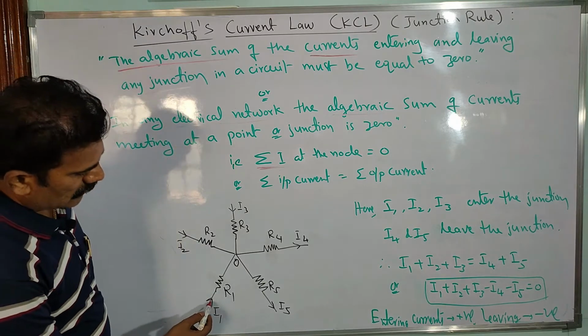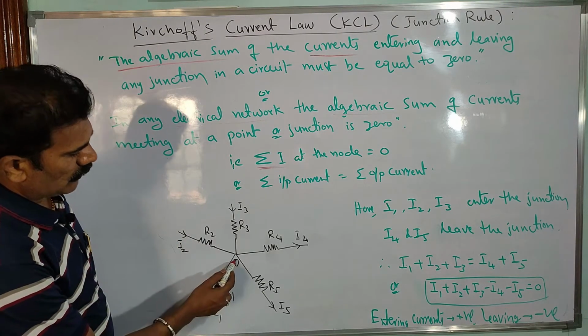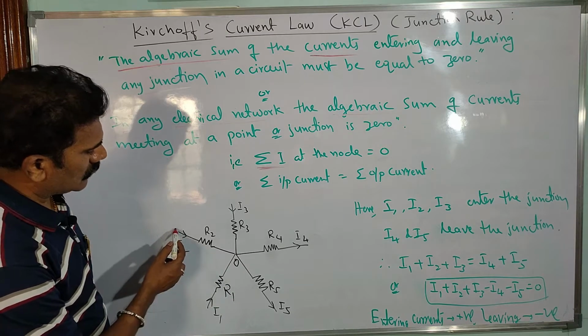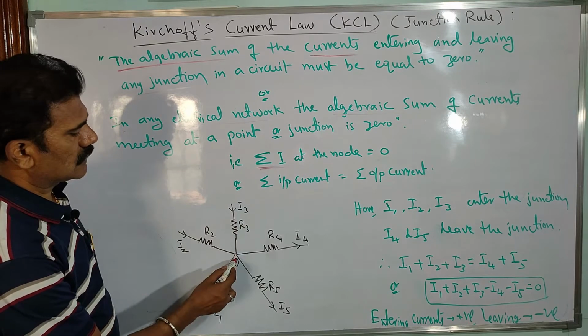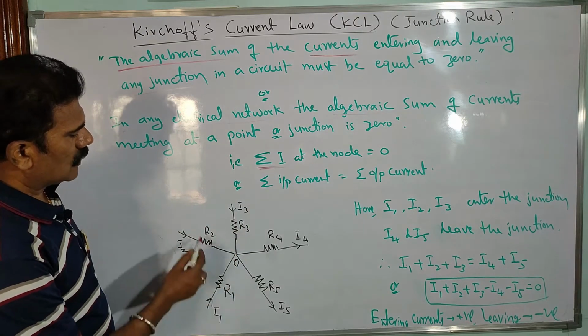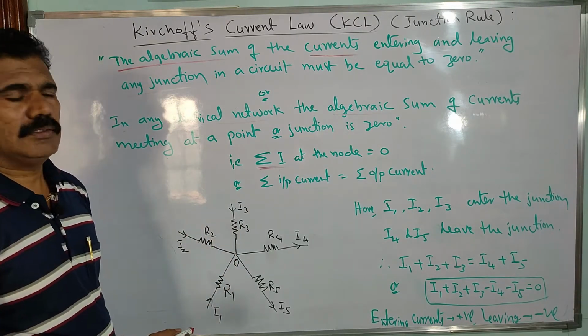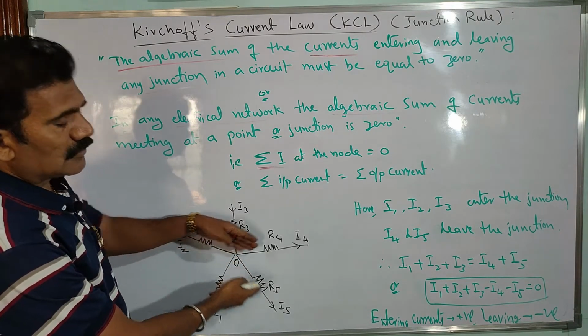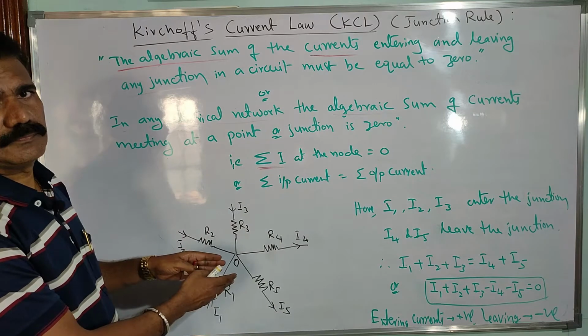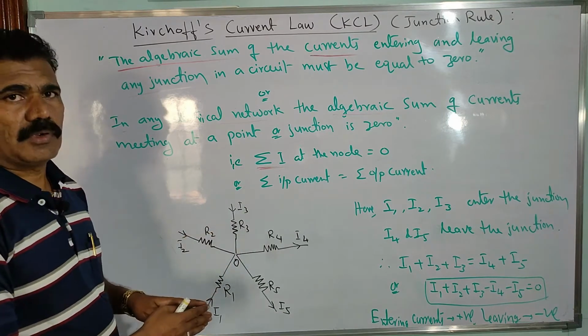See, the direction of the current I is towards O. Similarly, the direction of current I2 is also towards the junction O, and the current I3 is also towards the junction O through the resistors R1, R2 and R3. Once all these three currents meet at the point O, they are leaving that node. They will not accumulate. That is another point to be noted here.